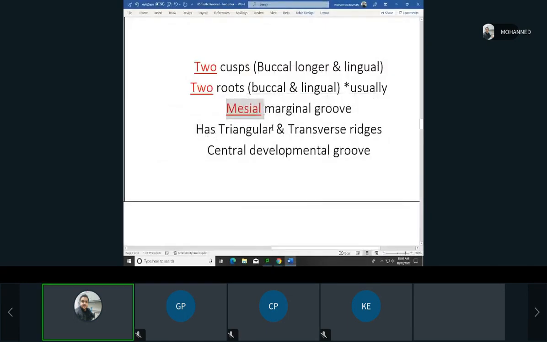That's a feature for the first one. It has triangular and transverse ridges as we saw. And as you can see, the central developmental groove, all of them have it. The buccal is the longer cusp of the two, okay? The buccal cusp is the longer one for the maxillary first premolar.